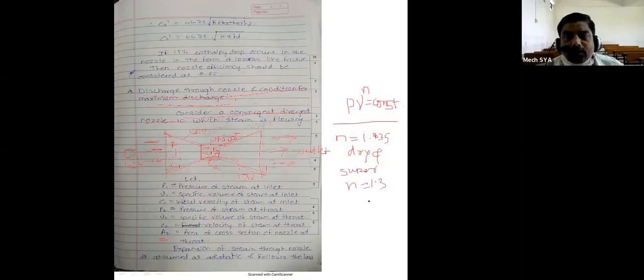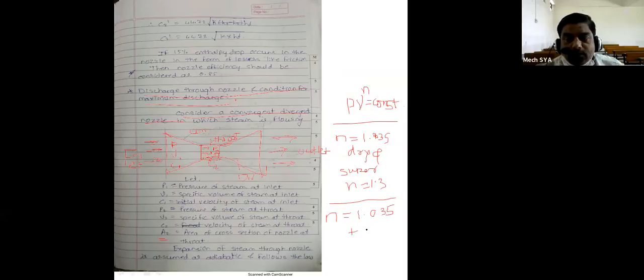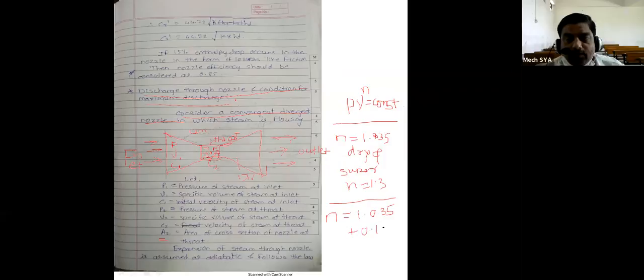And for wet steam, which equation do we have to use? We have to use the generic equation. What is that generic equation? n is equal to 1.035 plus 0.1x, where x is the dryness fraction.